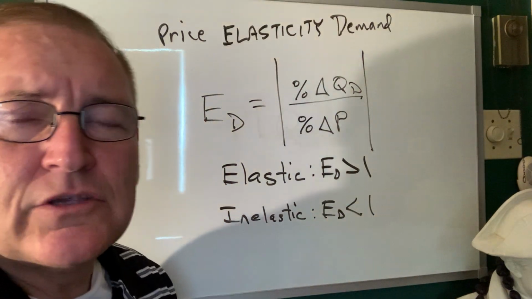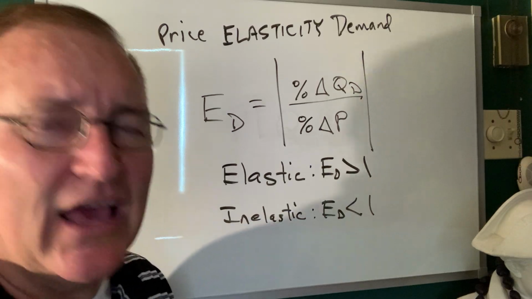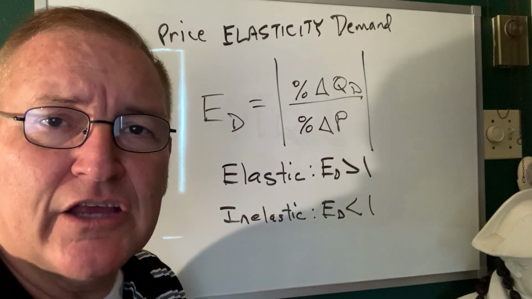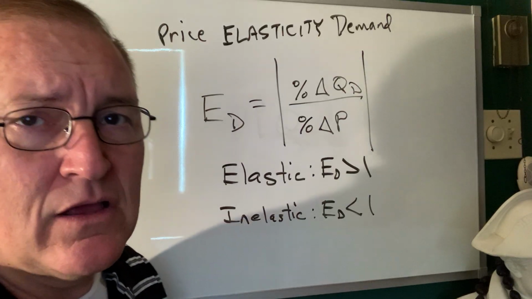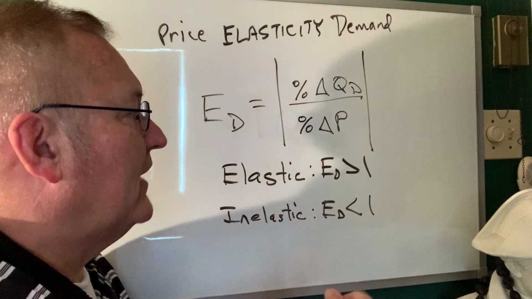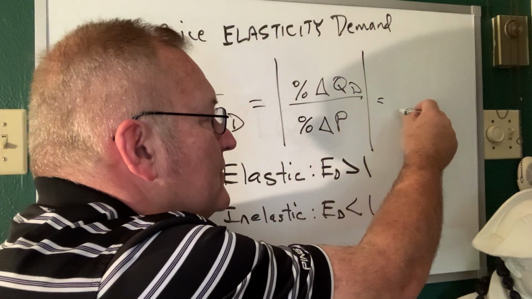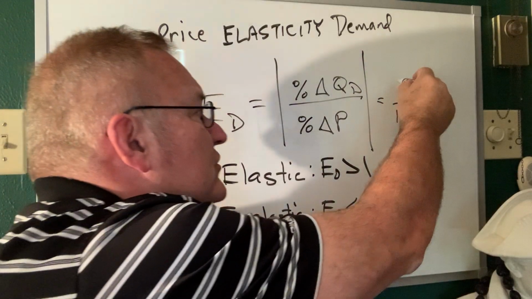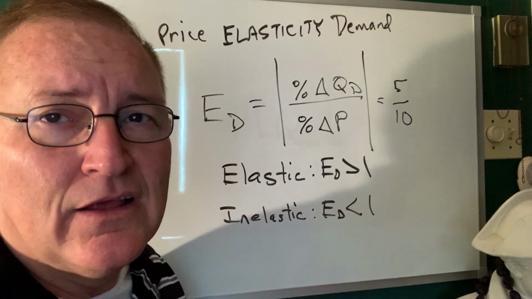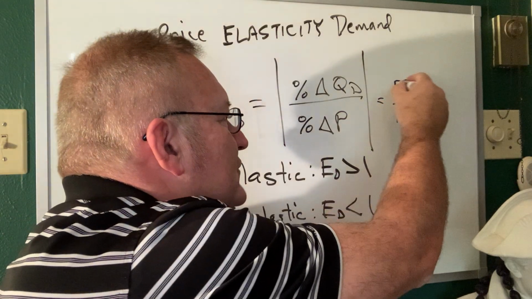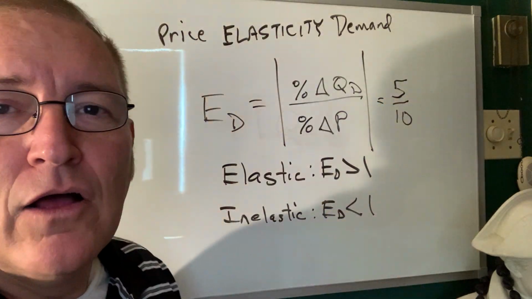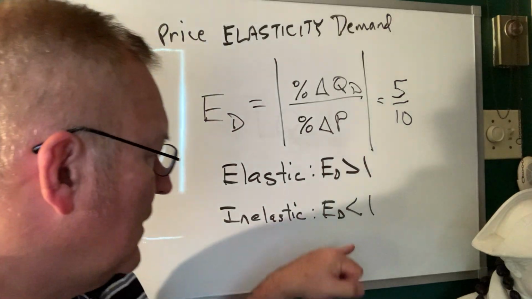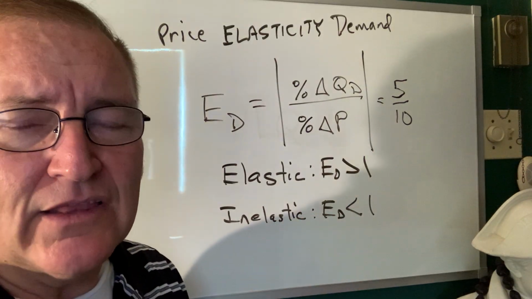So if I said something simple, like given a 10% change in price, there was a 5% change in the quantity demanded, how would we represent that? Well, 5 divided by 10 is 1/2. It's 0.5. And so we would say that was inelastic.